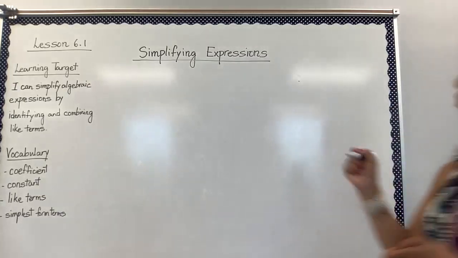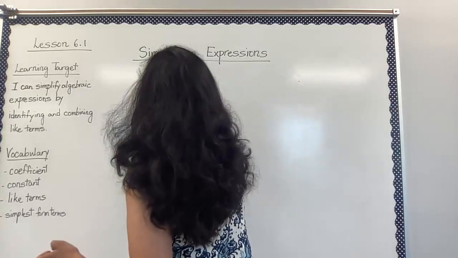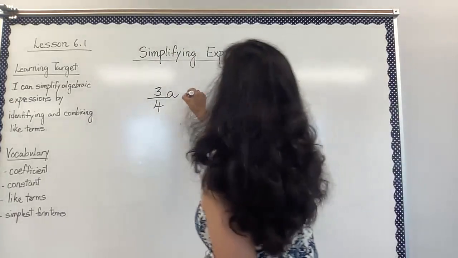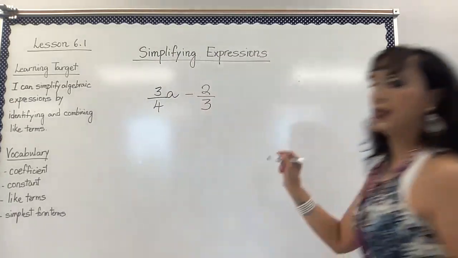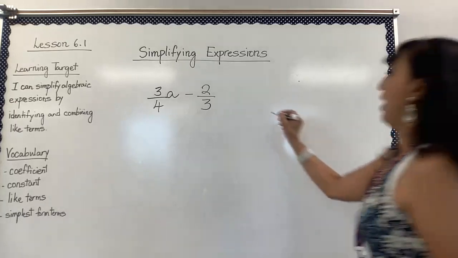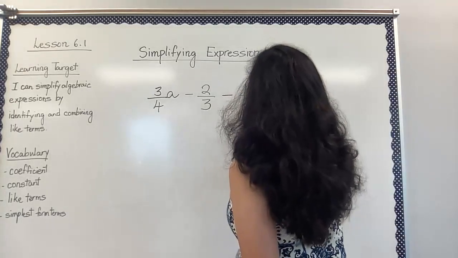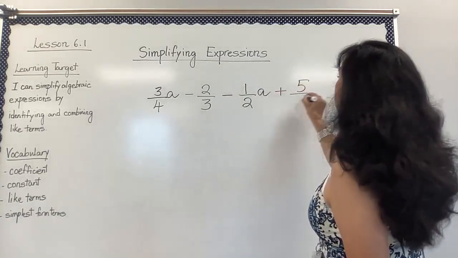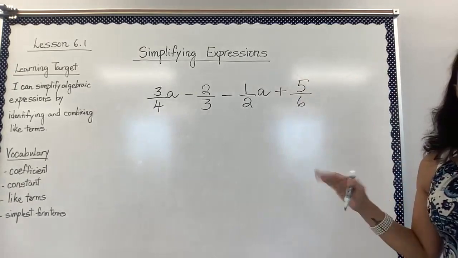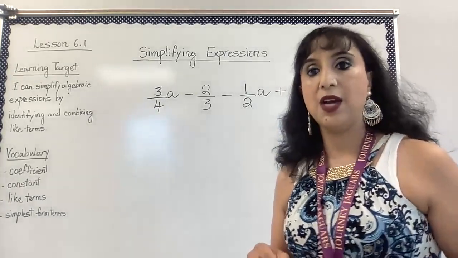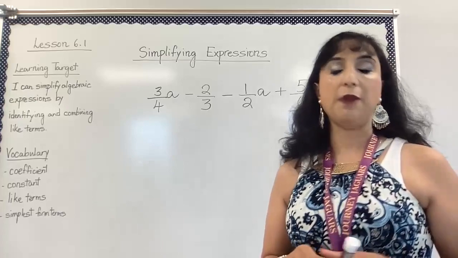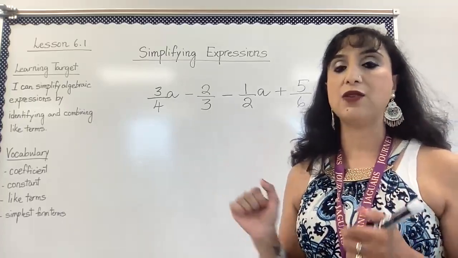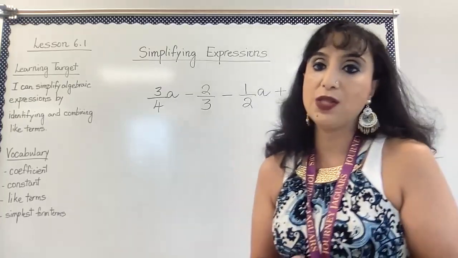If I say 3/4 a, minus 2/3, minus 1/2 a, plus 5/6. So first, let me just look at this problem, and I'm going to identify the like terms so that I can use the commutative property of addition, and then I can switch them around so that I can group the like terms, and those I can add and subtract.